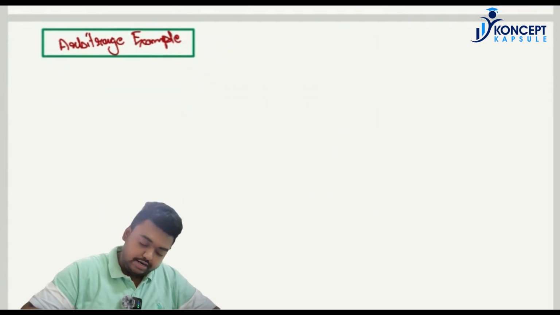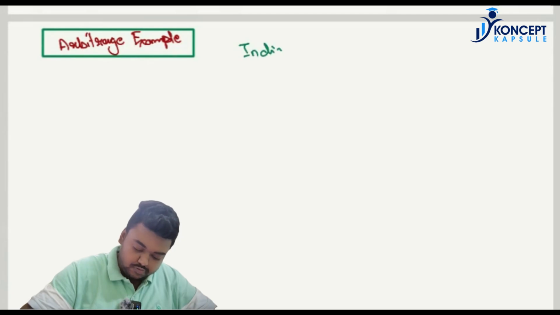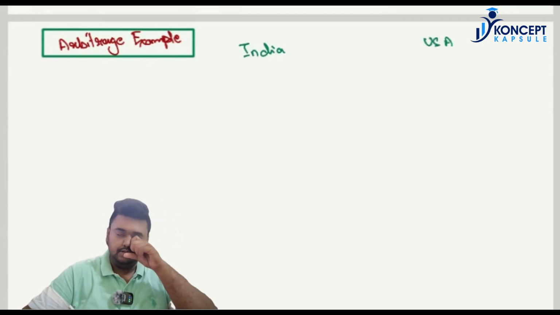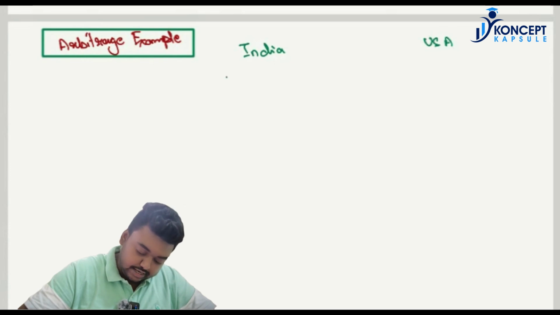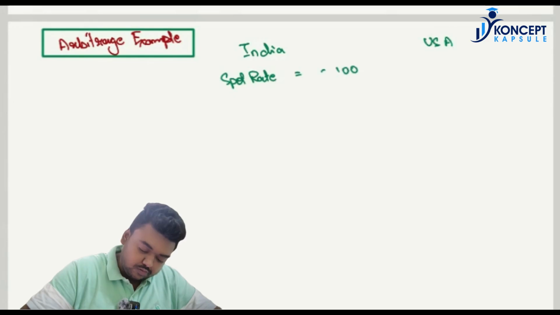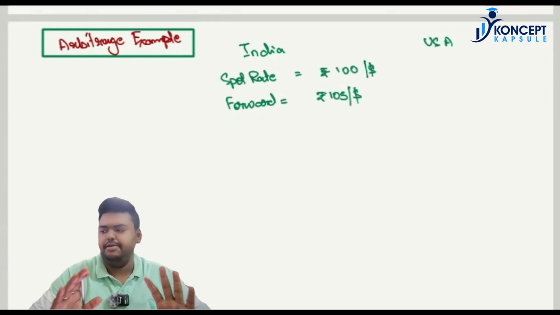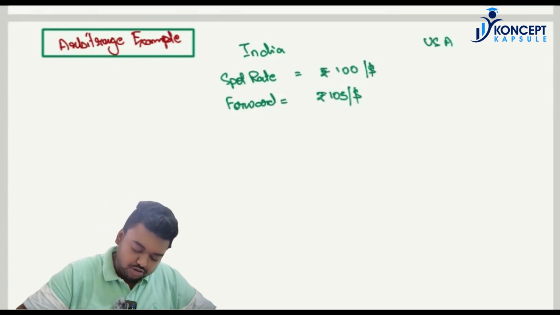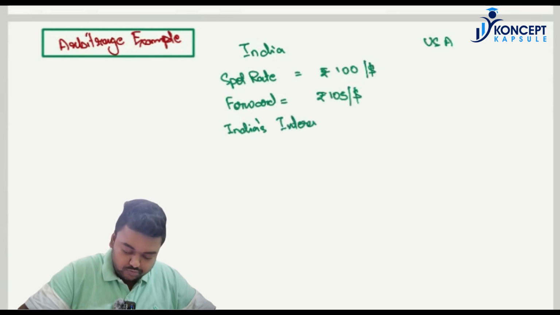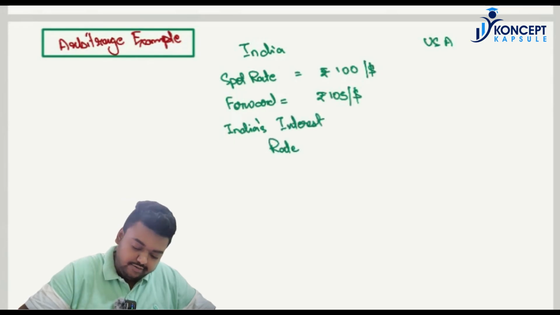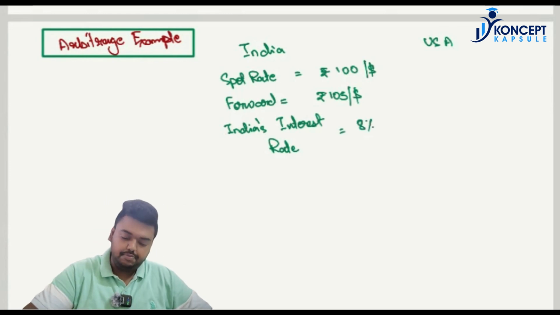Suppose we consider two countries, India and USA. Suppose the spot rate is 100 rupees per dollar, and suppose the forward rate is 104 rupees per dollar. We are taking random numbers for the example. Suppose India's interest rate is 8% per annum.